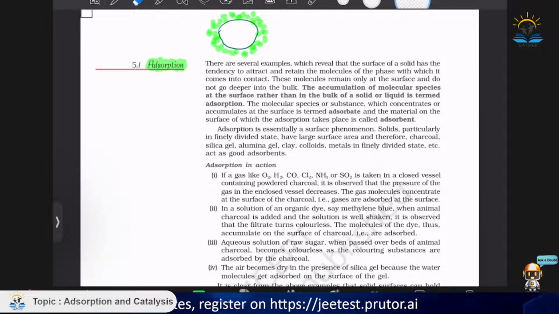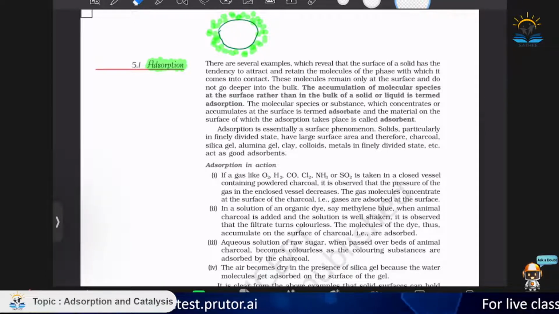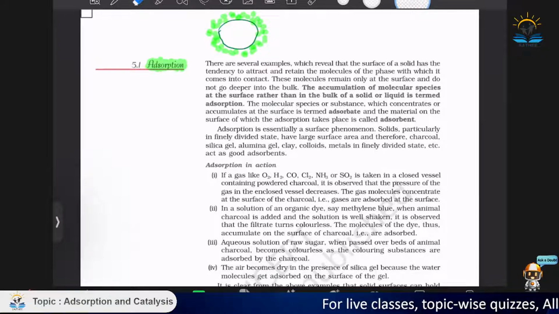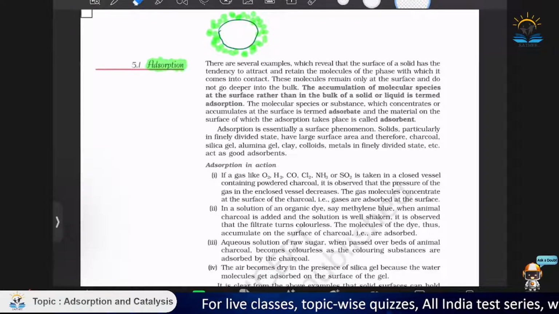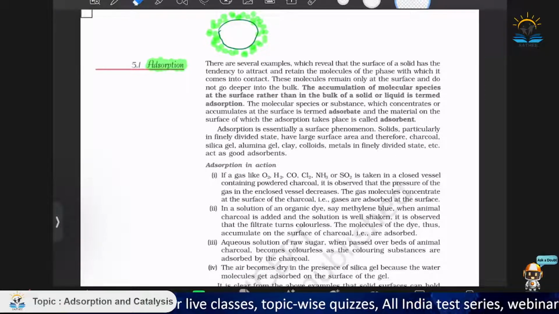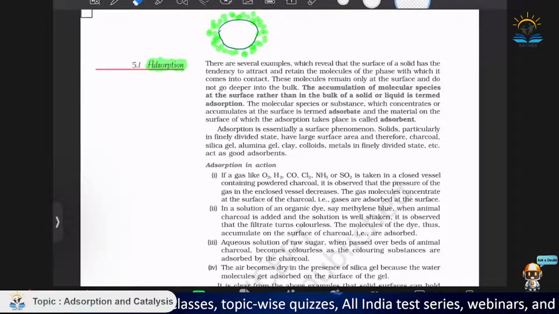So, the accumulation of molecular species at the surface rather than in the bulk of a solid or liquid is termed adsorption. The substance which is accumulating on the surface is known as the adsorbate, and the material on the surface of which the adsorbate is getting accumulated is known as the adsorbent.